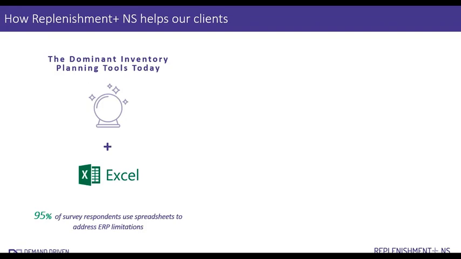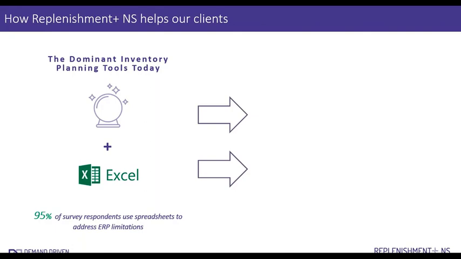So when we talk about Replenishment Plus NS, our NetSuite solution, we'll always want to start with how we're looking to help our clients. And typically when we enter a conversation with a new client, we see that they're using what we view to be the dominant inventory planning tool right now, with a little bit of a crystal ball plus Microsoft Excel. We know that about 95% of companies are using spreadsheets to address limitations with their ERP.